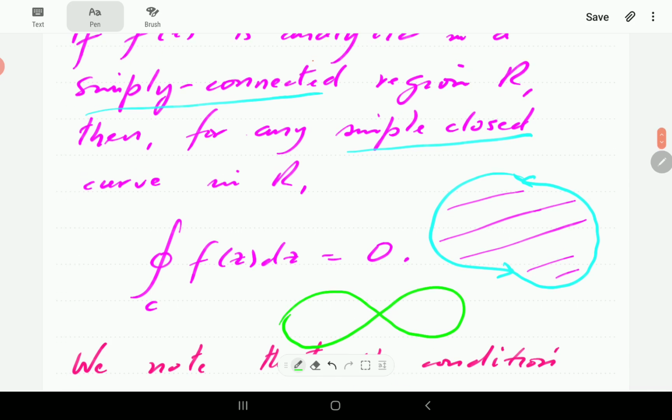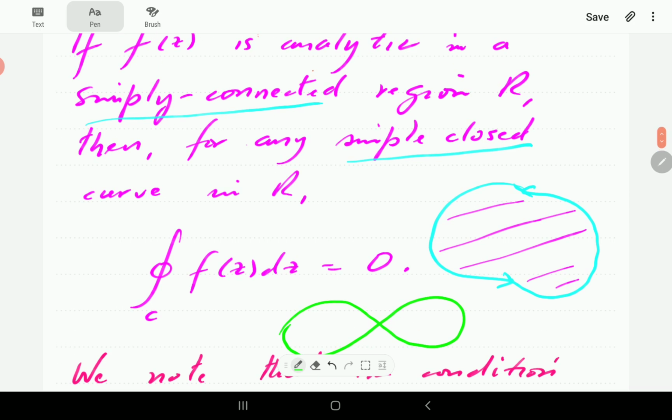Let me talk about the region. A region is called simply connected if it's enclosed by a simple closed contour. This region here, which is enclosed by the figure infinity or 8, is called doubly connected because this contour intersects itself.